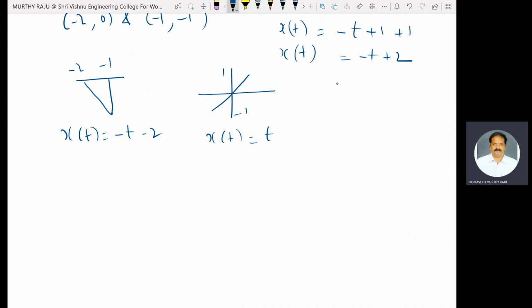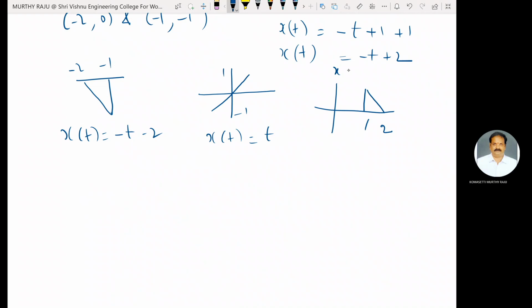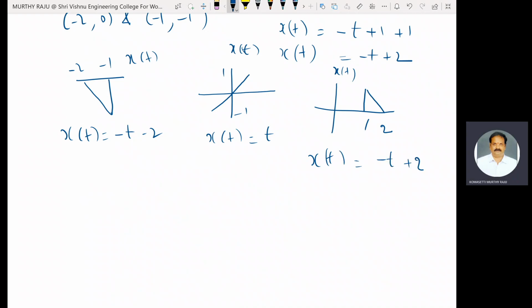The third one, from 1 to 2, x of t is equal to minus t plus 2.